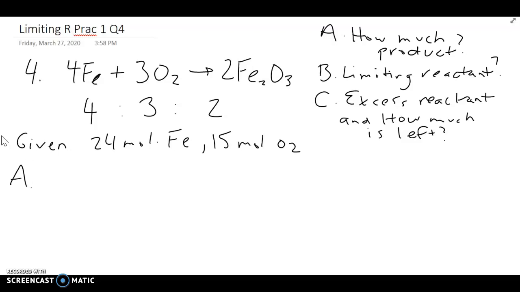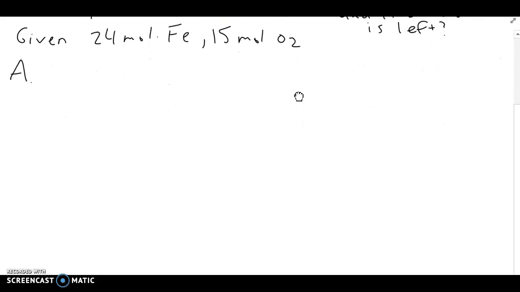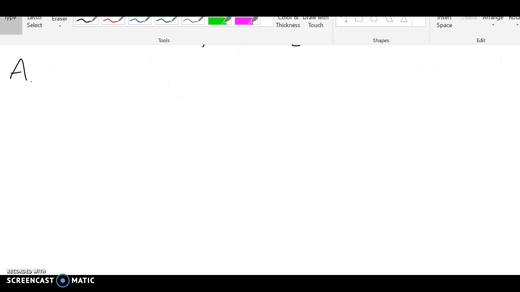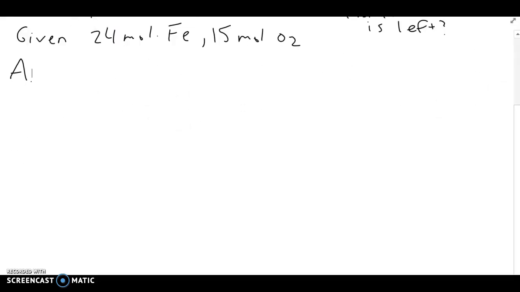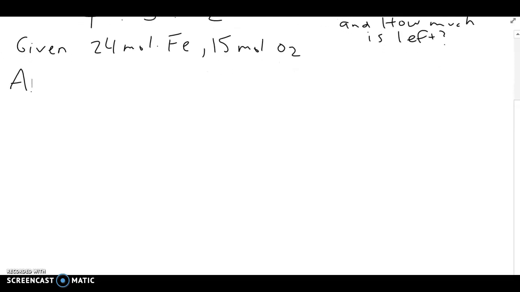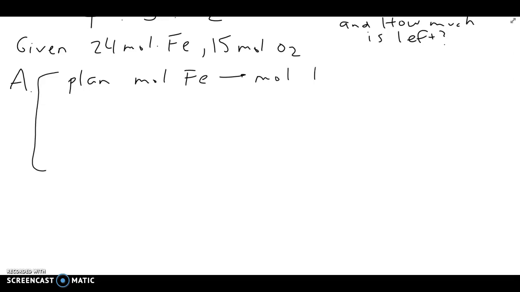Let me move the screen up here a little bit. Okay, so we're going to start off with our 2 problems. We have 2 reactants, we need 2 problems. Our plan for our first one is moles of iron yields moles of iron 3 oxide.